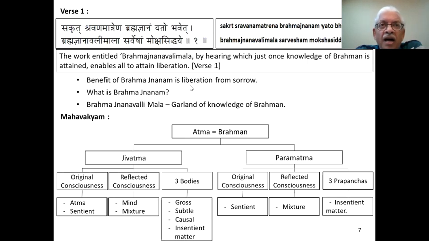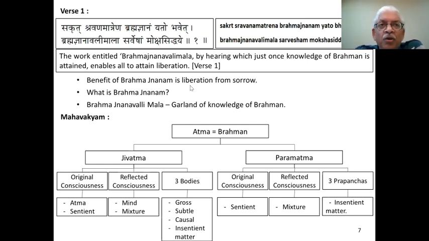So the individual consists of the Atma, which is the pure consciousness. It consists of the second part, which is called the reflected consciousness. Reflecting material is there in the reflected consciousness. Because the reflecting material is what? The three bodies.